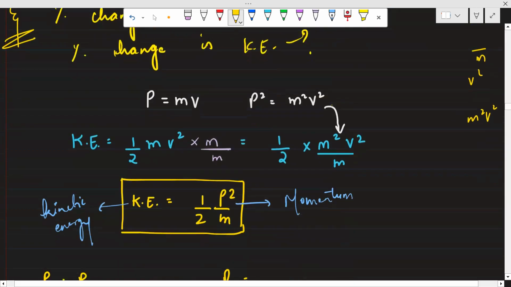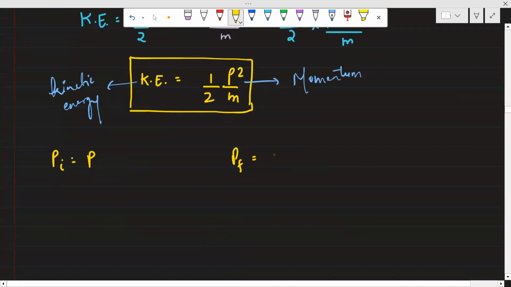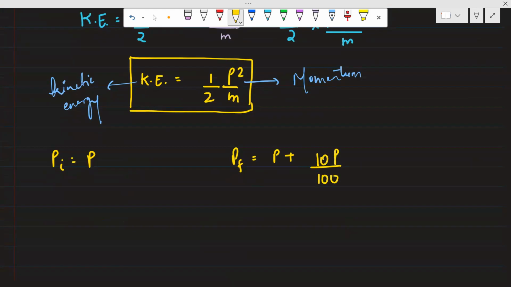So this will be P plus 10P divided by 100. Yes, that's how we write a 10% increment. If it's a decrement, then we subtract. So this becomes 110P divided by 100, which is equal to 1.1 P.